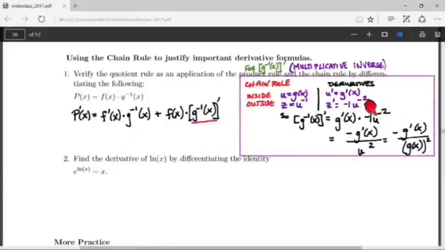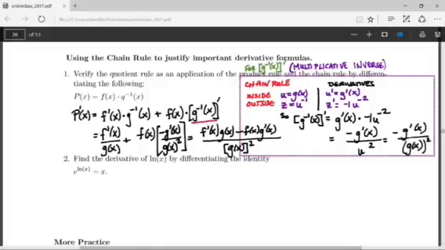Rewriting u in terms of g of x gives us negative g prime of x in the numerator over u squared in the denominator, and that u squared finally becomes g of x, the quantity squared. We can now take this as our derivative for g inverse and see where that gets us.